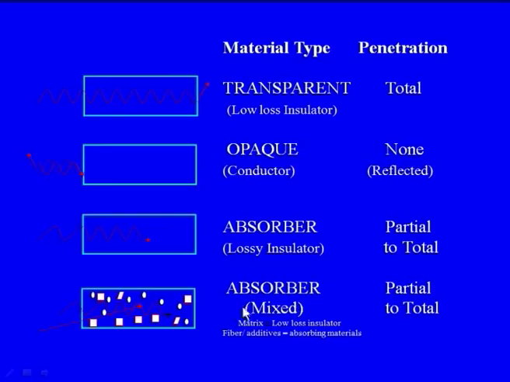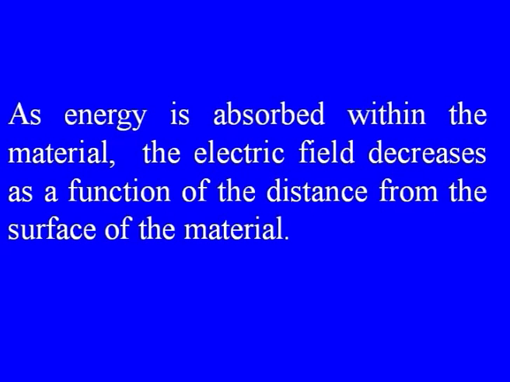So, this is a mixed absorbing system, or partial to total absorption can take place. As energy is absorbed within the material, the electric field decreases as a function of the distance from the surface of the material.